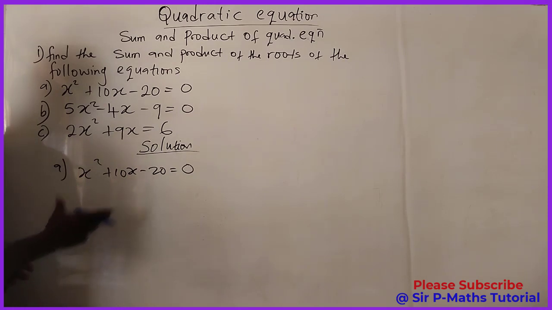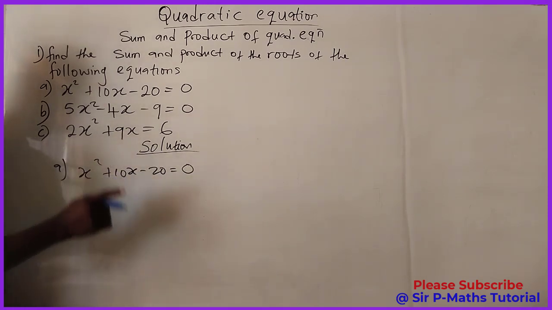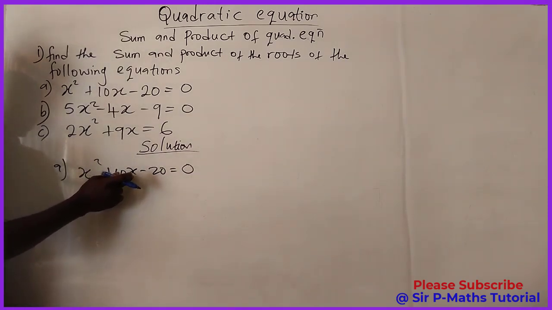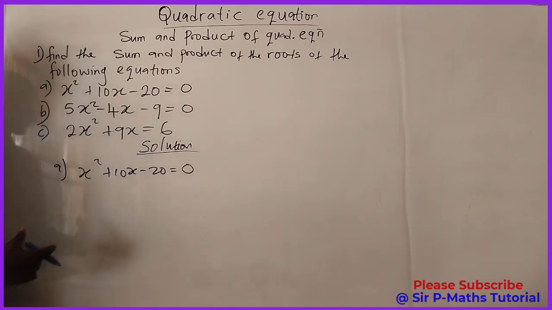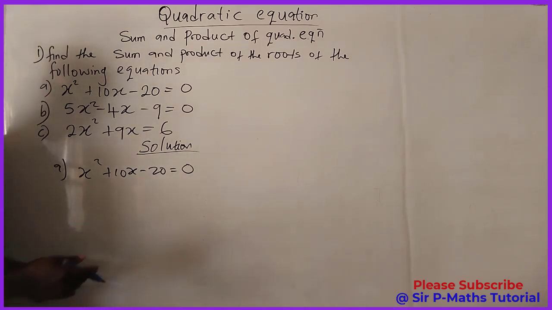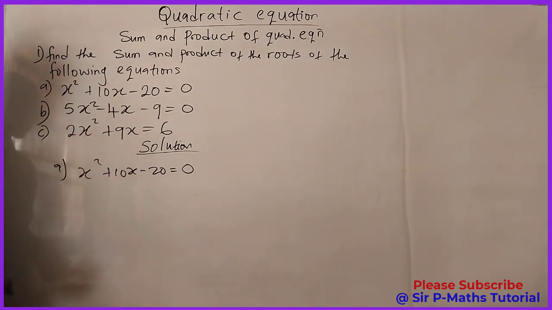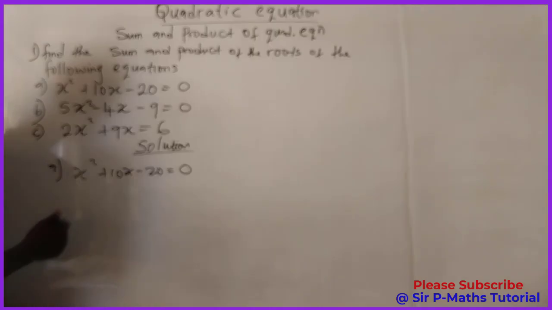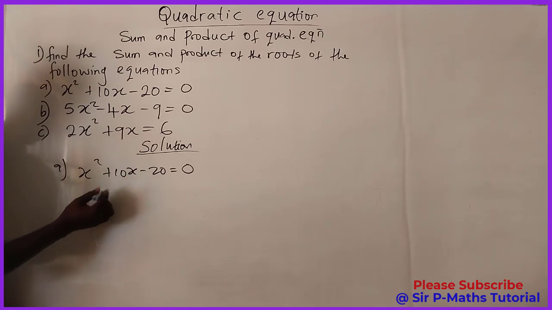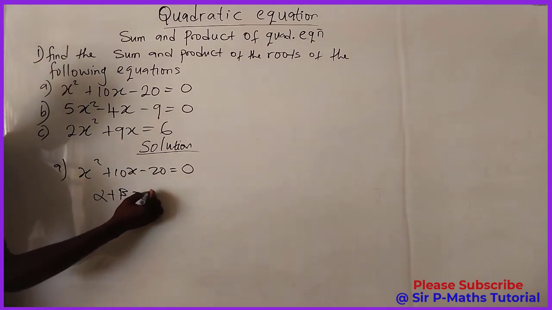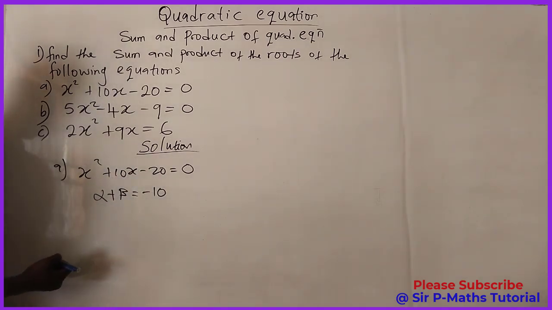Now, to find the sum and product of a quadratic equation, take note that the coefficient of x is the sum, while the constant is the product. But we take the additive inverse of the coefficient of x as the sum of the equation. So to get my sum here, I'll say that my sum alpha plus beta is equal to the additive inverse of the coefficient here, minus 10.